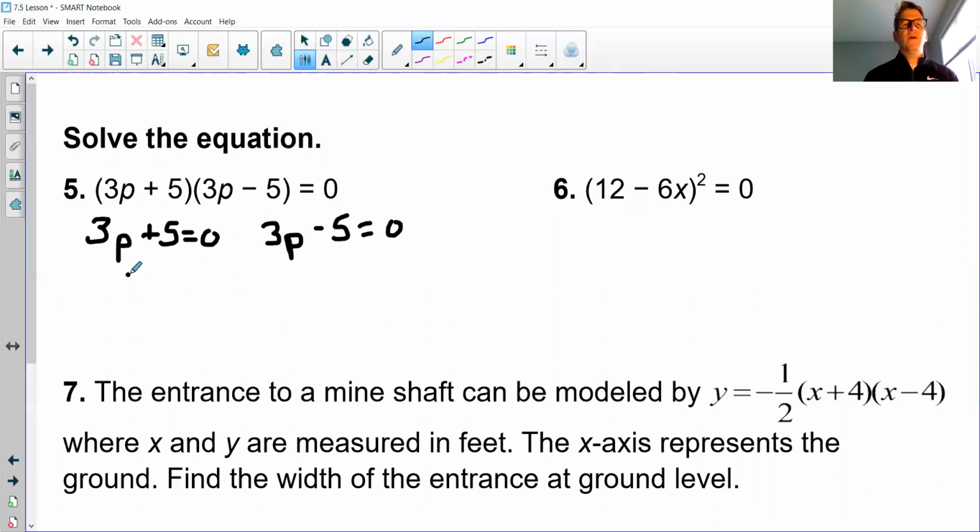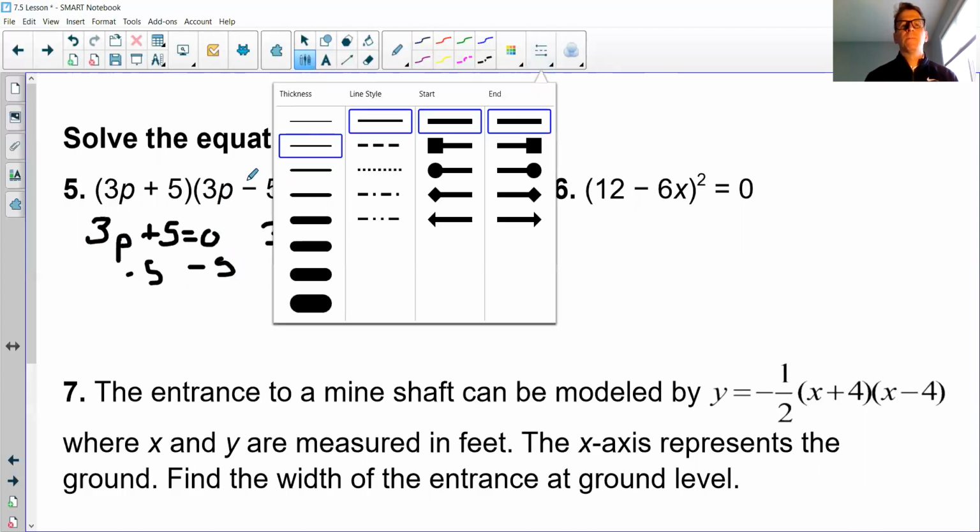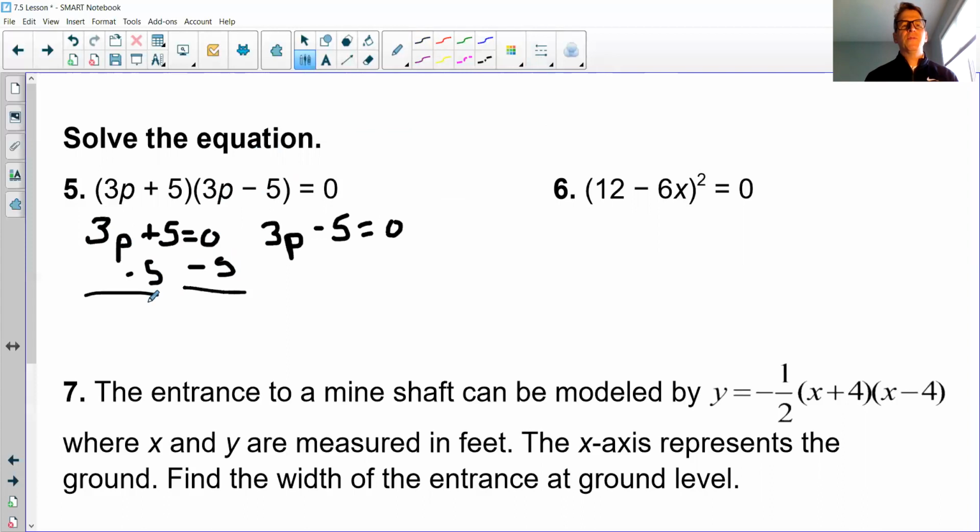If you subtract 5 on this first equation, you'd end up with 3p equals -5. Divide by 3, and -5/3 would be 1 root.